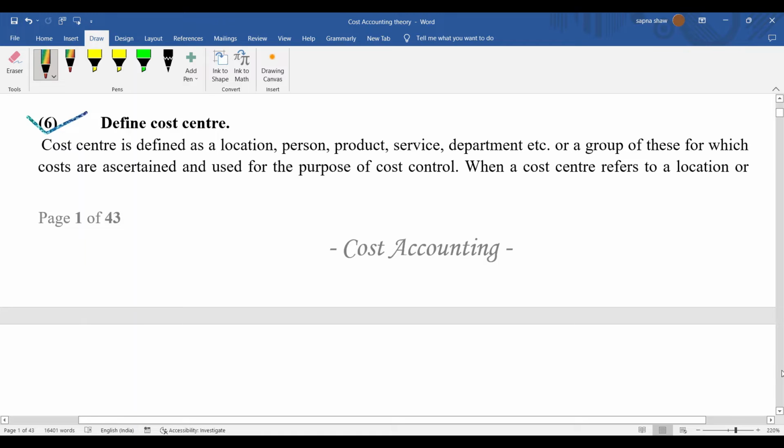So there are different kinds of people, and we will make a group of them. These are cost centers. Understood? So for these particularly, we look at how much cost we are incurring. There are subdivisions and there is a group also. This is called a cost center. Understood?